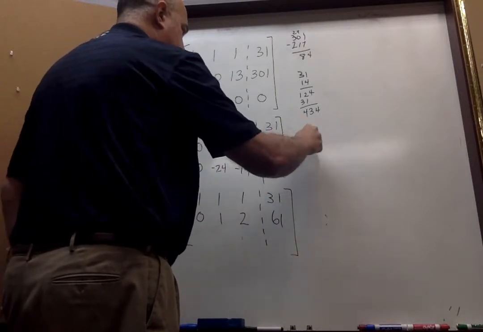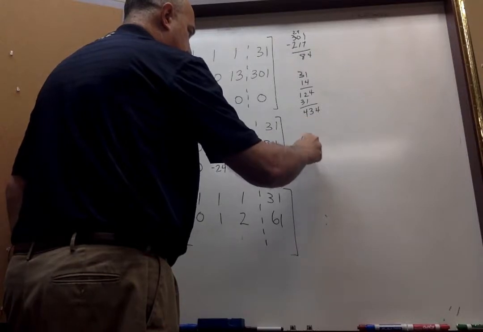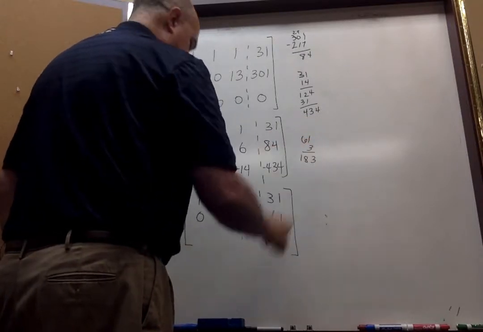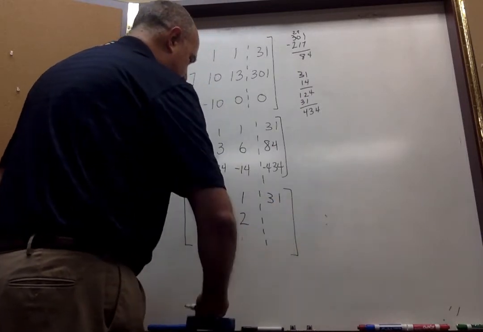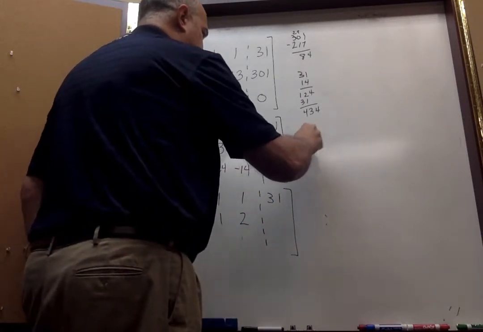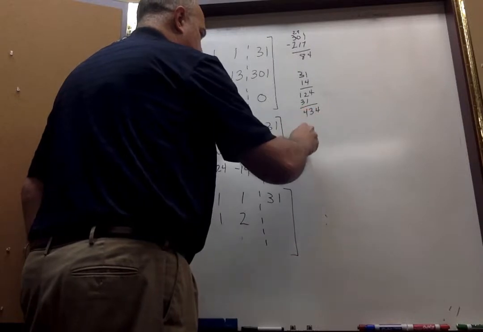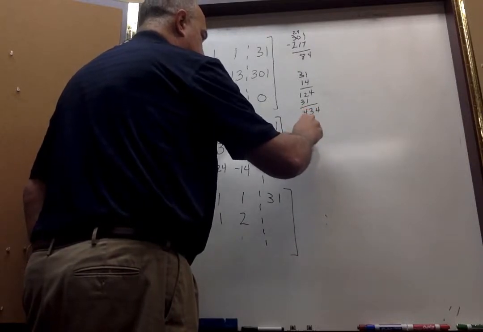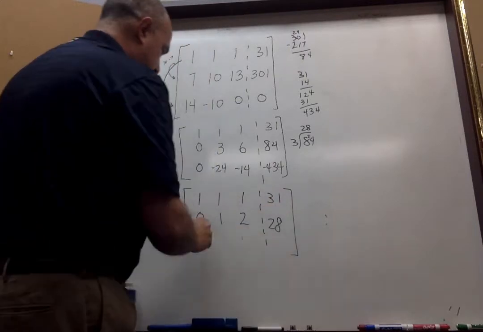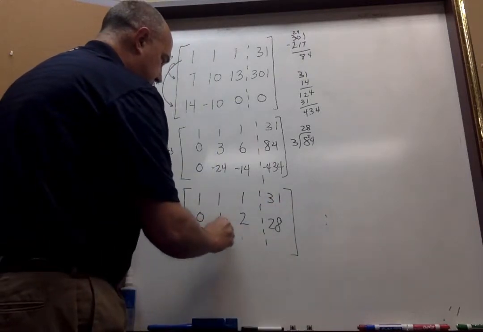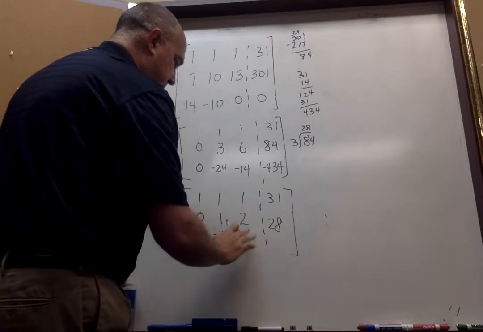Hang on. Nope, I'm way off. Okay, let's try that again. 84 divided by 3, about 28. Okay, and my last row stays the same.